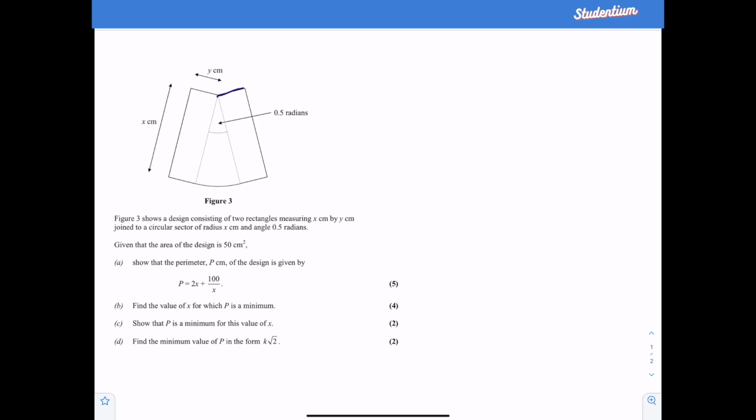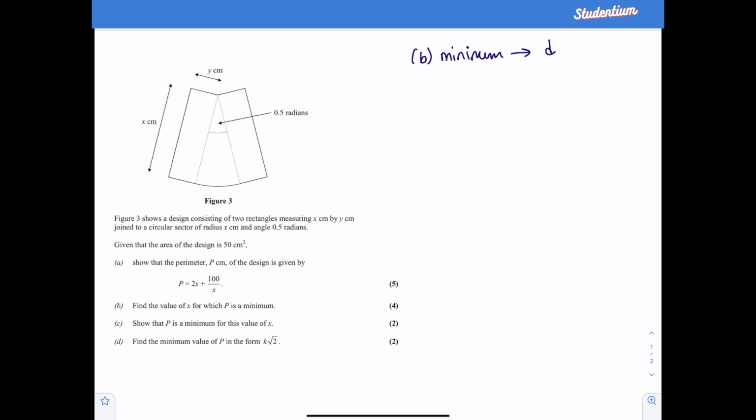Okay, so now to look at part B. All right, so for part B, we're told to find the value of x for which p is a minimum. So whereas part A didn't really have much to do with differentiation, now we're being asked to find a minimum. And if we're ever asked to find the minimum of a curve, then that is math speak for find the differential.